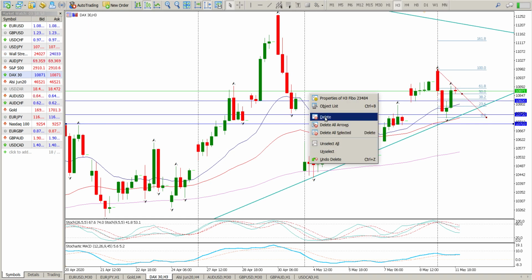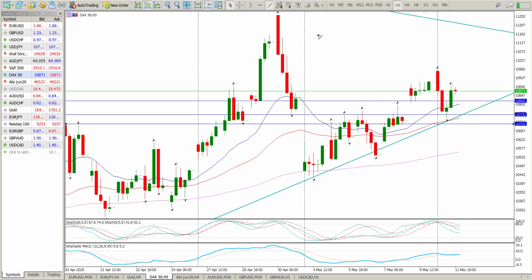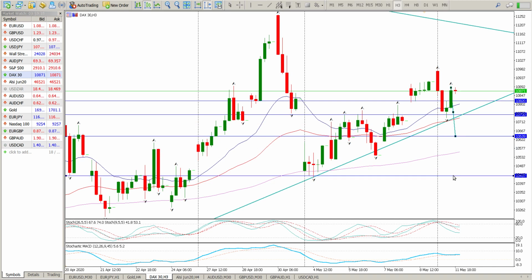So I would assume we have some downside to come. And that's our measured move for this move. Price is currently sitting right here at 10,700. I'll just move that further down, put it onto this other gap here.